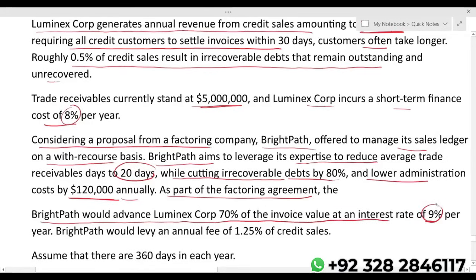And if you remember, whenever we are calculating factoring costs, we always work on an incremental approach. Like for me here, whatever factor is giving us in advance, 1% is important because they are charging 9%, which is 1% more than the OD. Brightpath would levy an annual fee of 1.25% of credit sale.